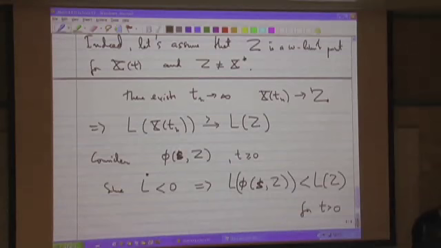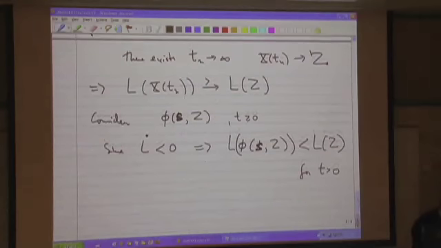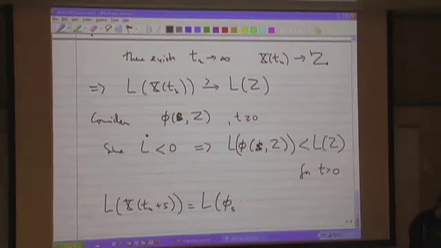Now look at L of x of Tn plus s. s is just a fixed positive number. This is basically the same as L at phi_s of x of Tn.